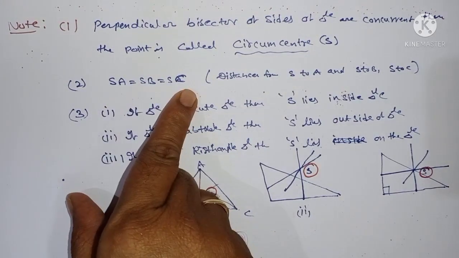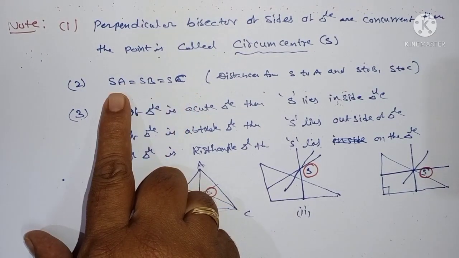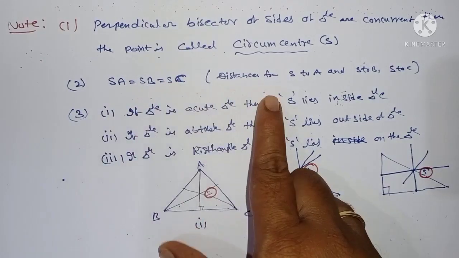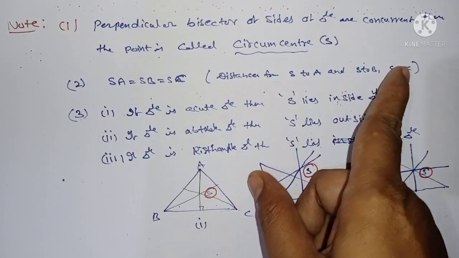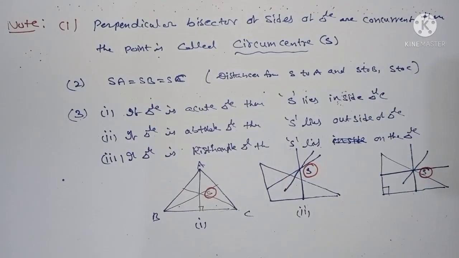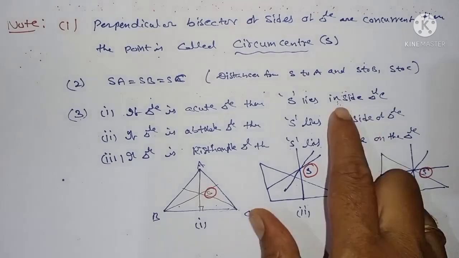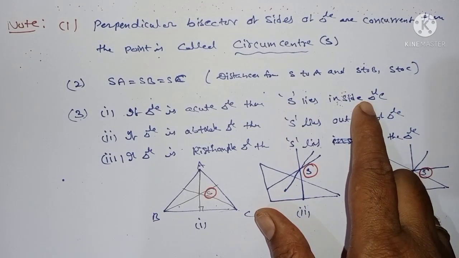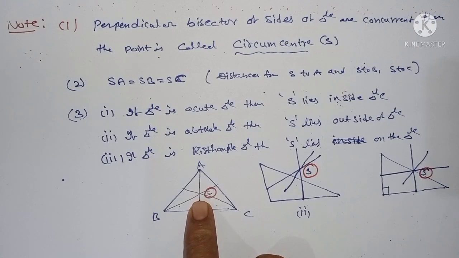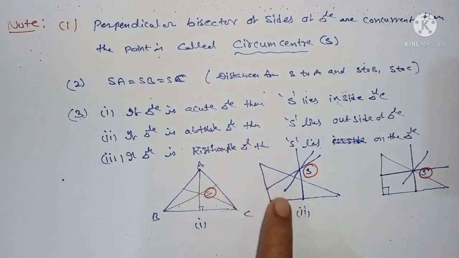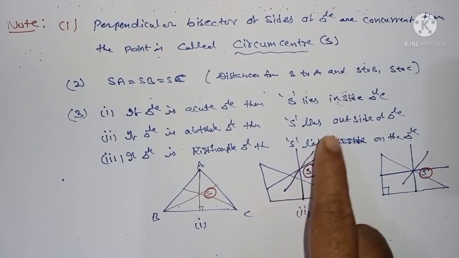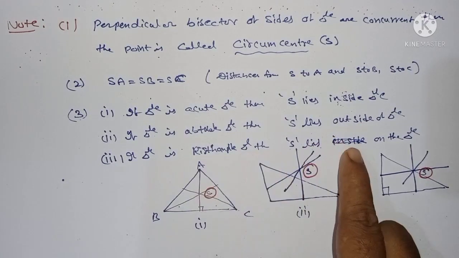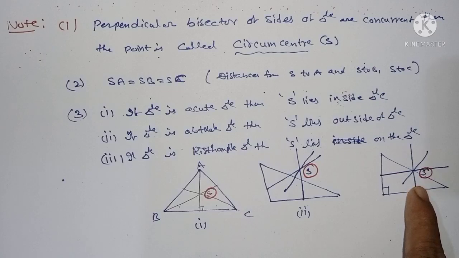To find the circumcenter S, use SA = SB = SC, the distances from S to A, S to B, and S to C. Another thing: if the triangle is acute-angled, below 90 degrees, the circumcenter lies inside only. If it is obtuse, above 90 degrees, it lies outside, and for right-angled triangles it lies on the triangle, on the hypotenuse only.